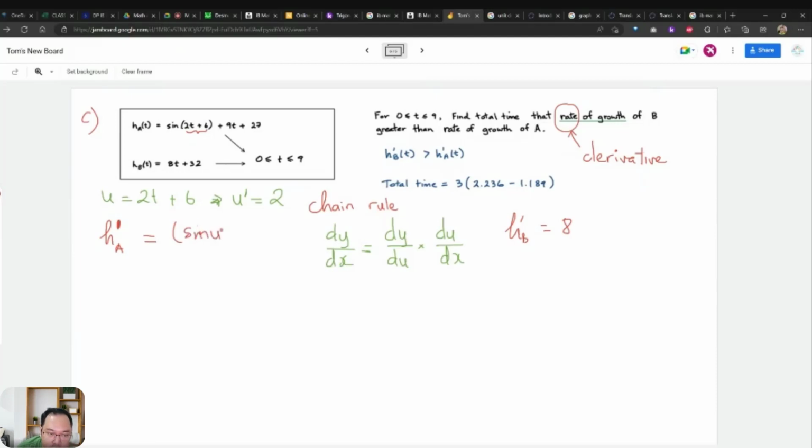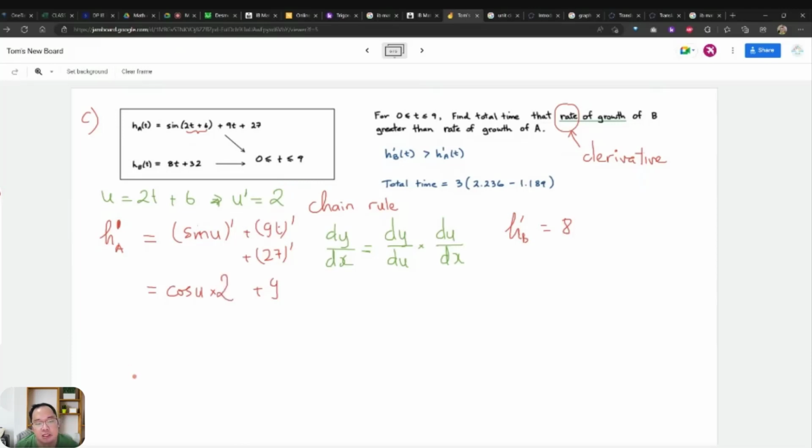So now h derivative is derivative of sine u, and plus 9t derivative, and plus 27 derivative. Derivative of a constant is 0. Here's 9. Okay, and derivative of sine u is cosine u, and then don't forget to multiply with du over dx, which is the derivative of u with respect to x, meaning 2 here.